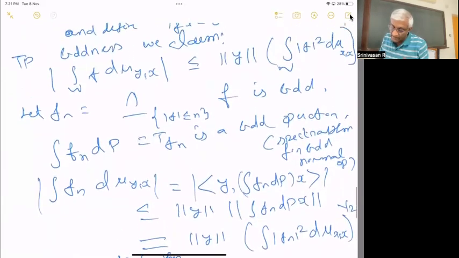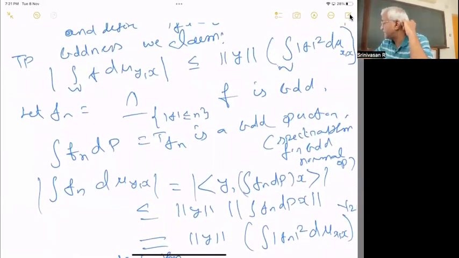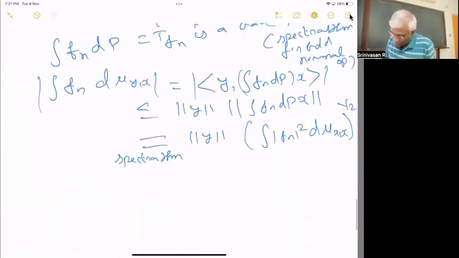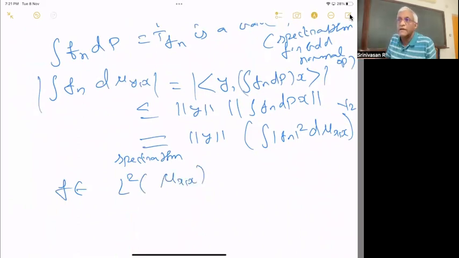Fn as a function converges to F. And it's all dominated, since you are fixing an X. F is in L2 of mu xx. That is what we have assumed: that X is in the domain of the operator means F is in L2 of mu xx.